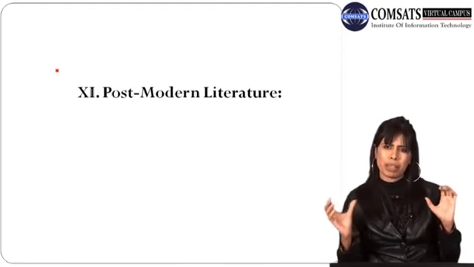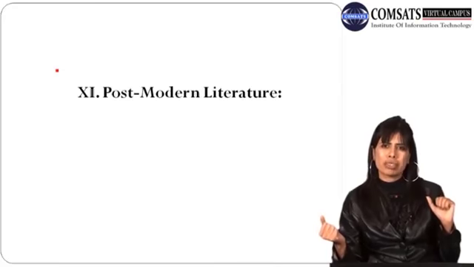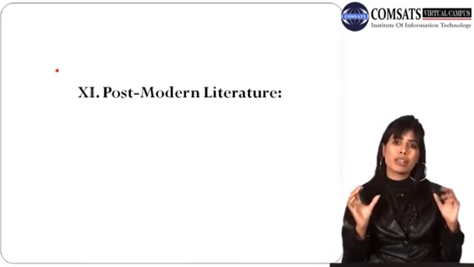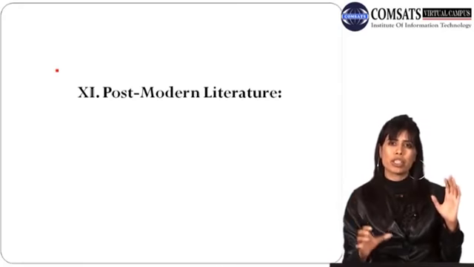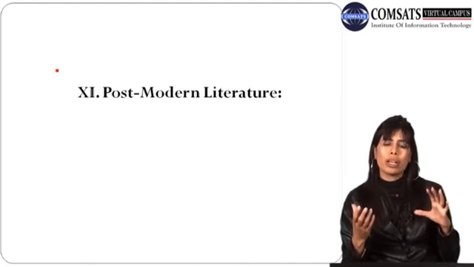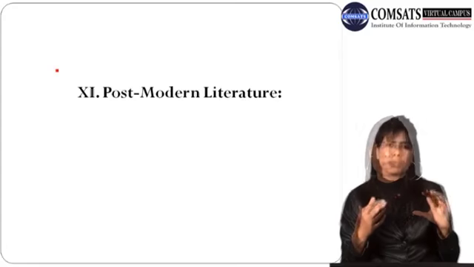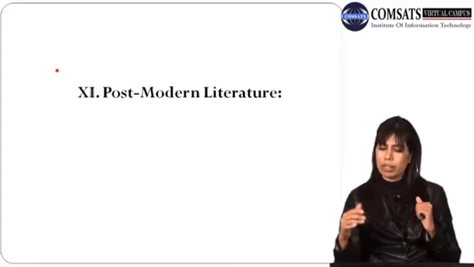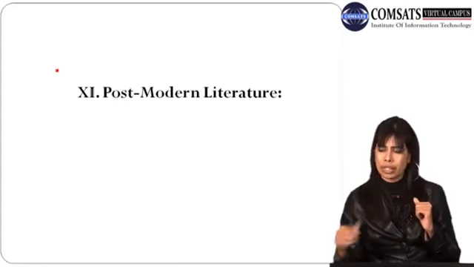At that time they focused on science a lot and they were in search of objective reality or objective truth, which was later on rejected by postmodern literature. According to postmodern literature, we cannot ignore the individual, we cannot ignore the subjective element of a literary piece of work. So that was basically their doctrine.